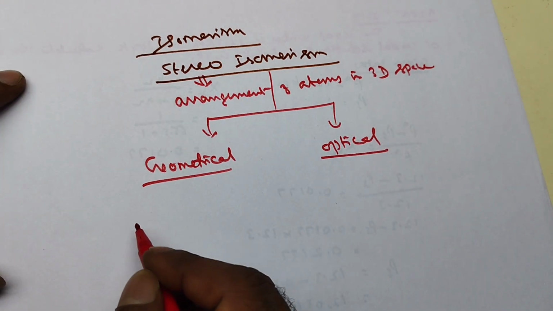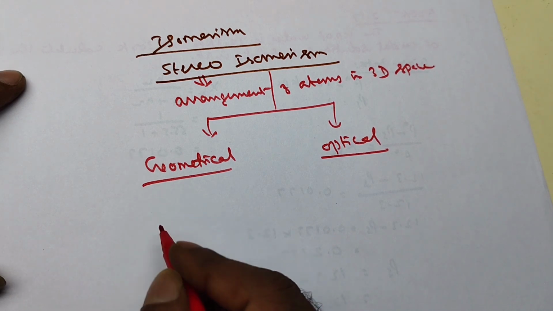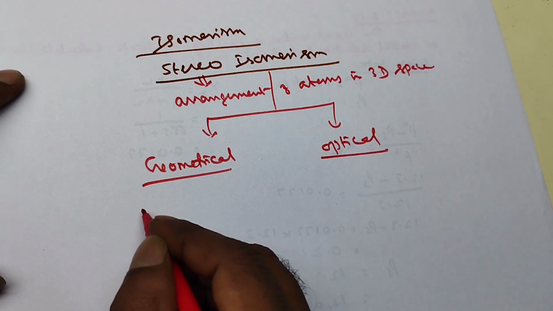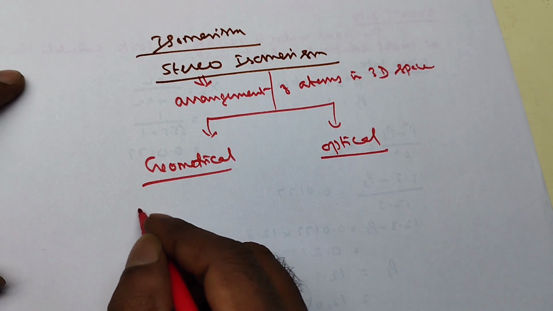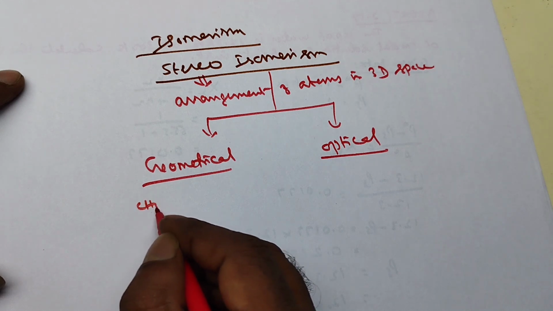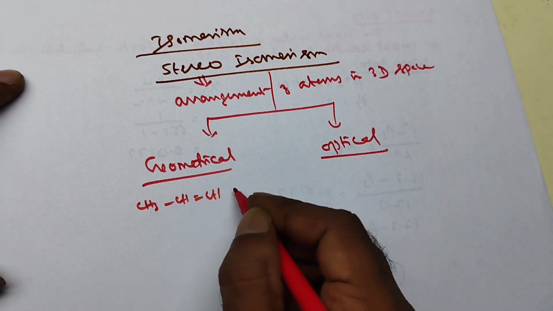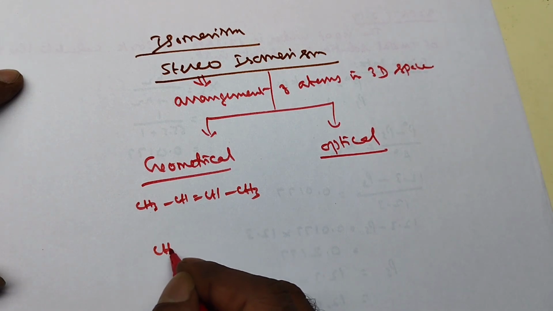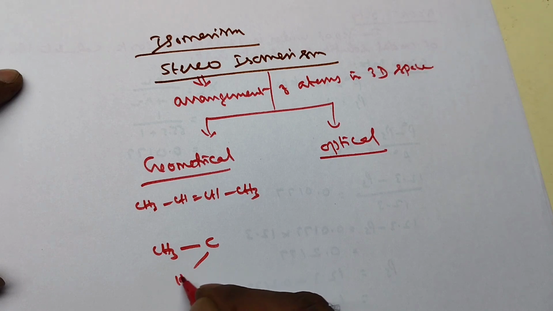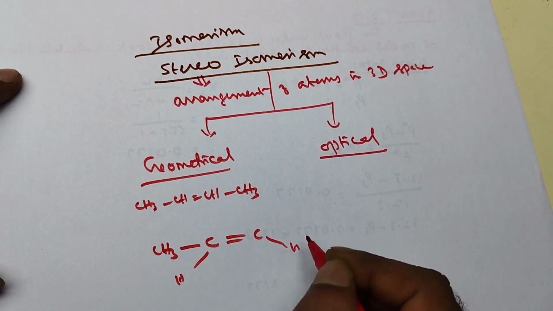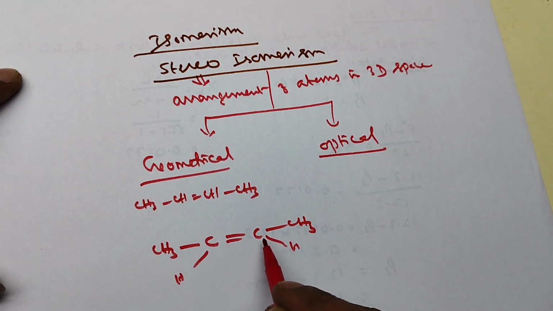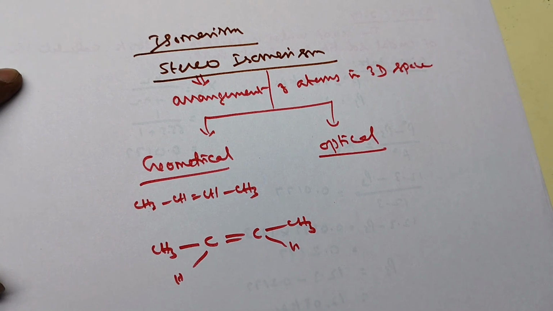Suppose you have a compound like CH3-CH=CH-CH3. Here, the carbon-carbon double bond restricts free rotation, whereas if it is a single bond, free rotation is possible.